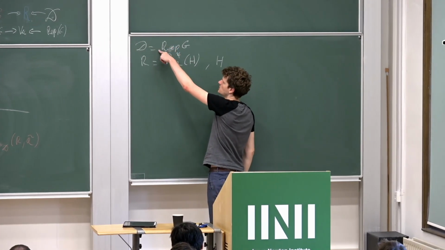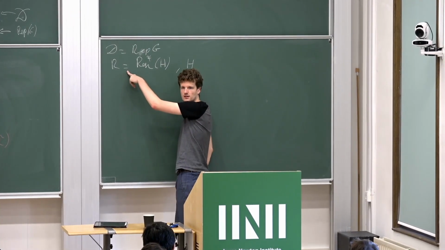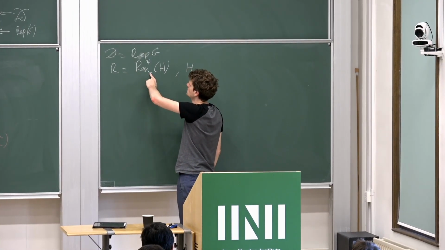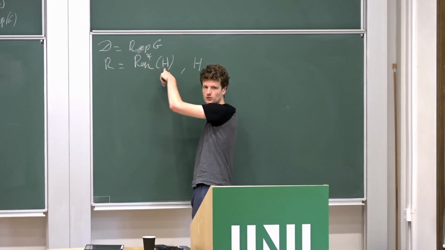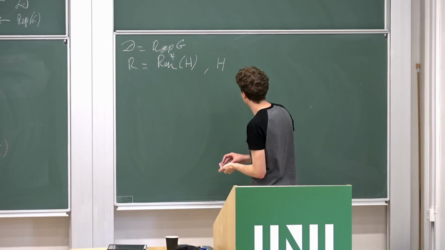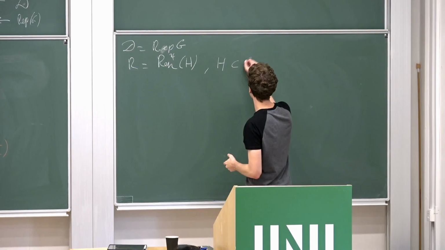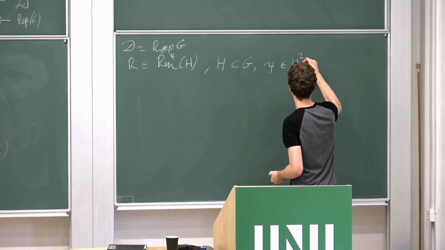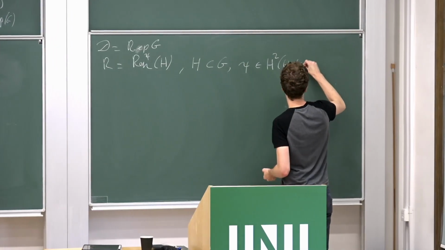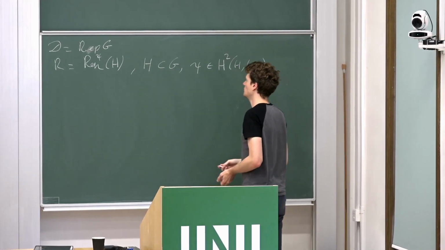So for Rep G, the different module categories are given by the categories of psi-projective representations of some subgroup H of G. So that's all the possibilities that you can get. So this H is a subgroup of G, and this psi is a 2-cocycle of this subgroup.